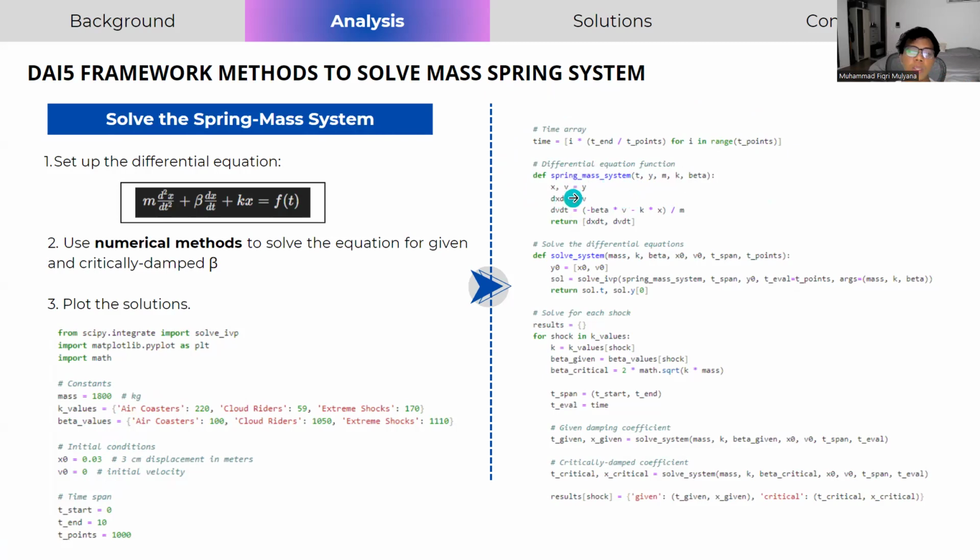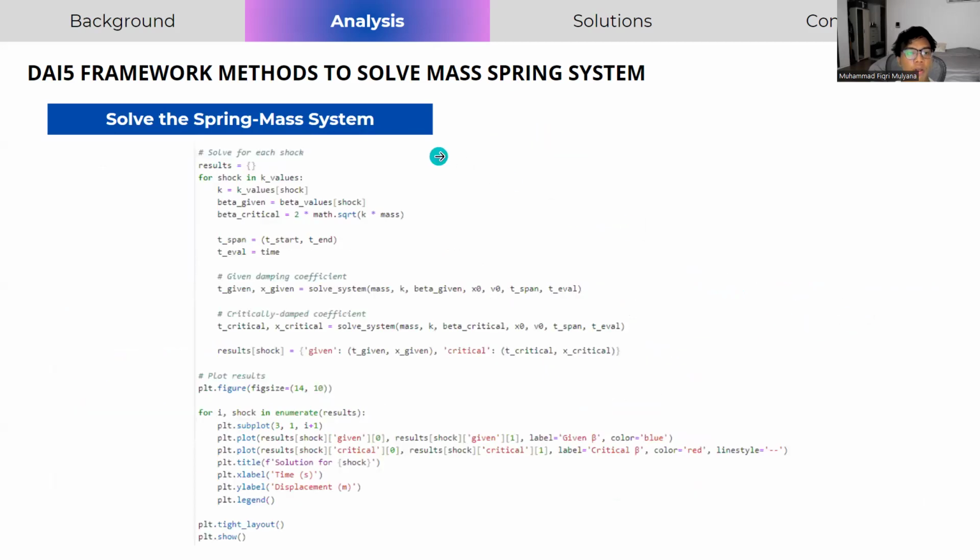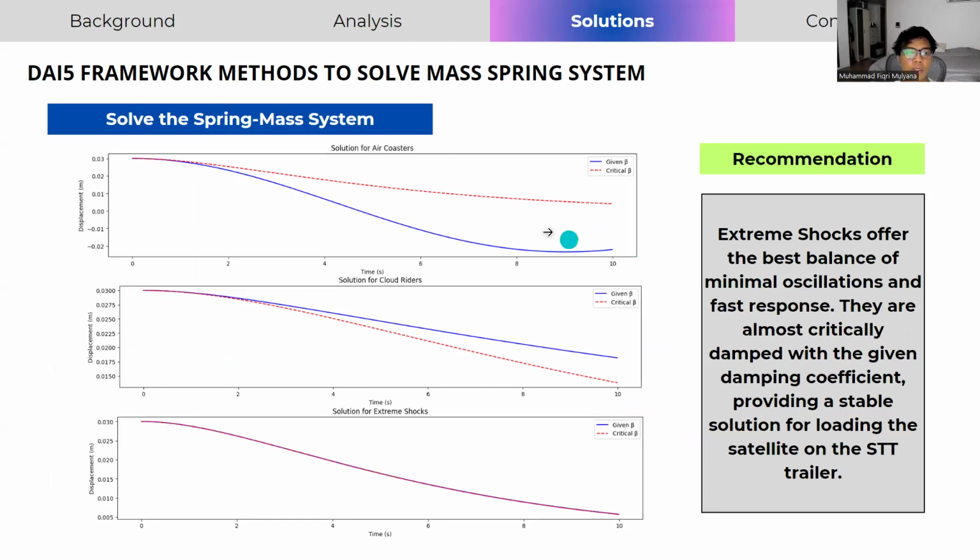And also we input the differential equation to solve for each shock. Next, I'm inputting the code for plot results, and these are the results.